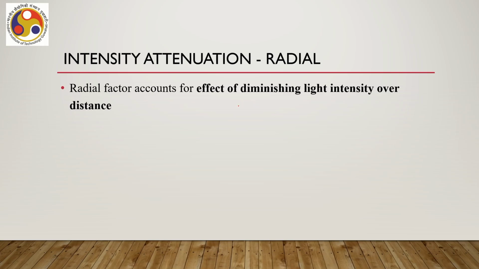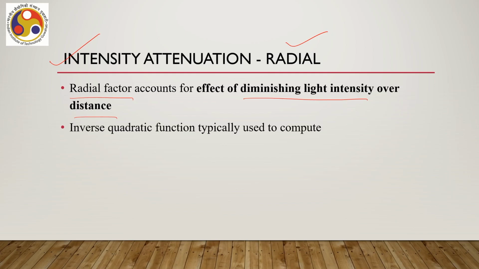Typically light intensity diminishes over distance. So, we need to take care of this factor, that is intensity attenuation over distance. There are two ways to take care of it. One is radial intensity attenuation.